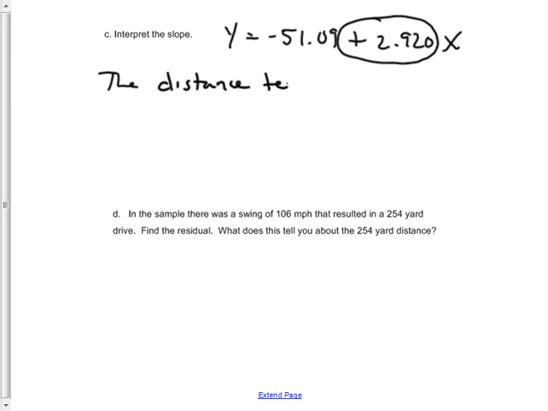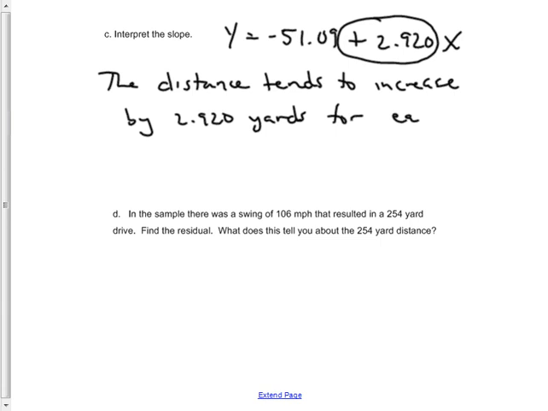So the distance tends to increase by 2.920 yards for each extra mile per hour in speed.